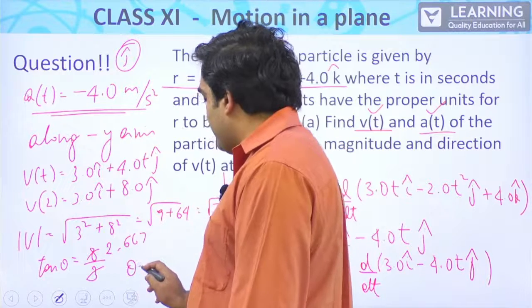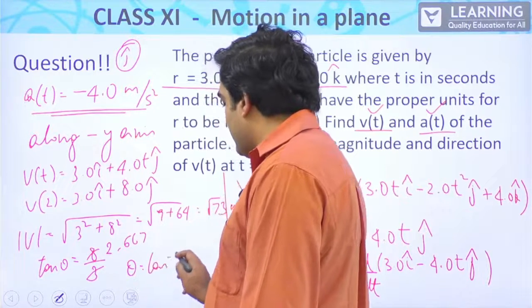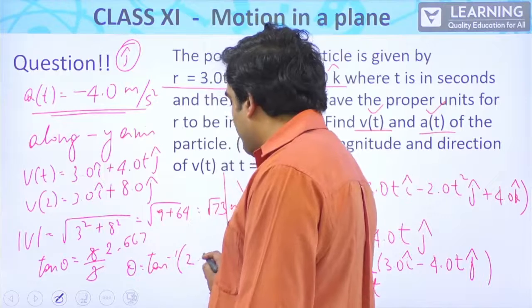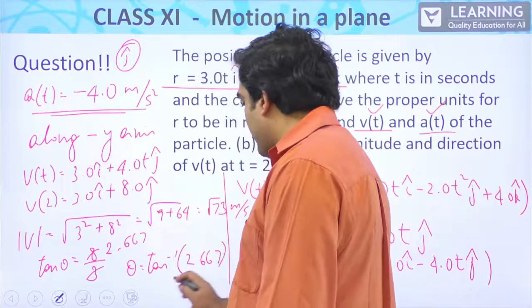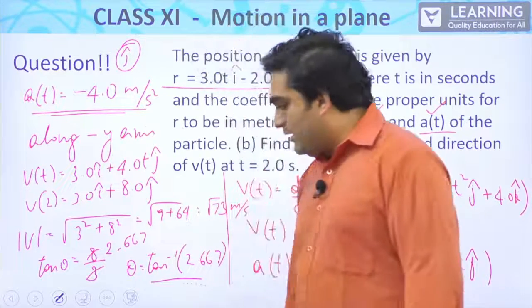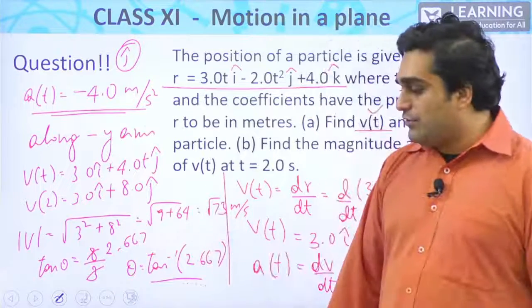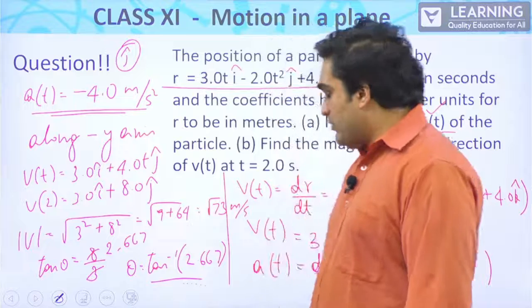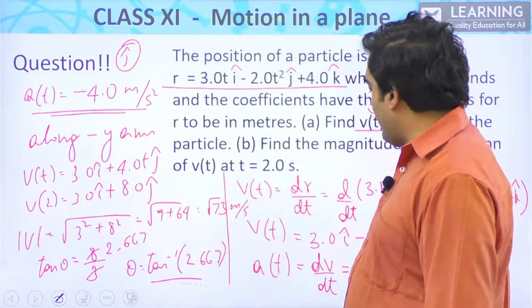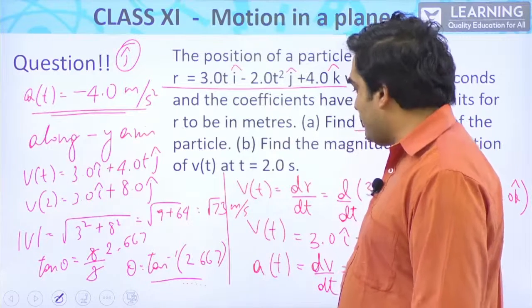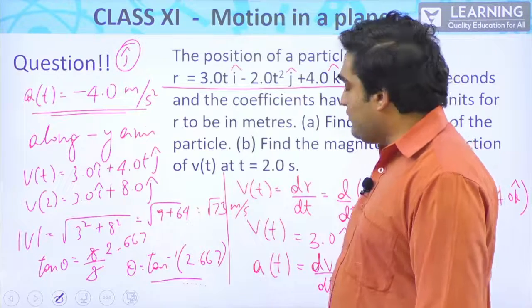So theta will be tan inverse of 2.667. That will be the direction, and this will be the magnitude of the given vector. I see I've filled every single inch of the board. Good sign.